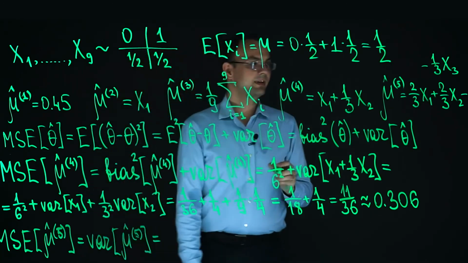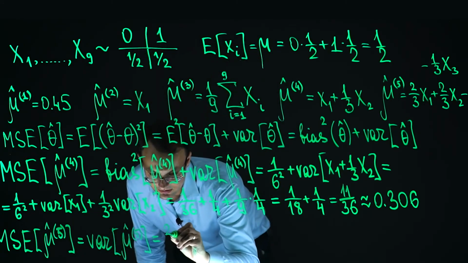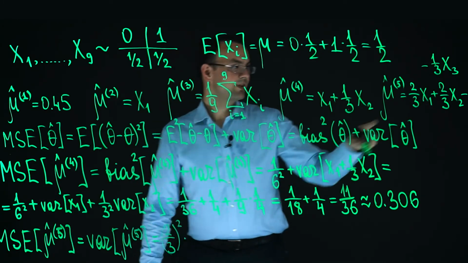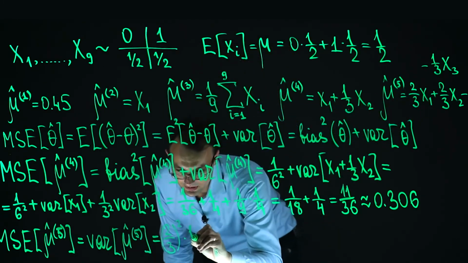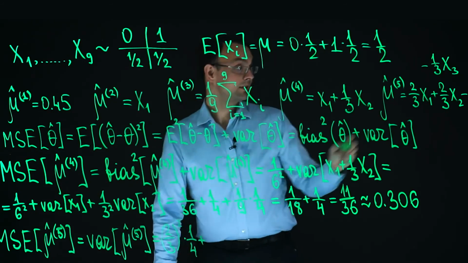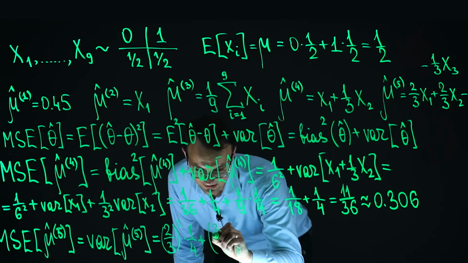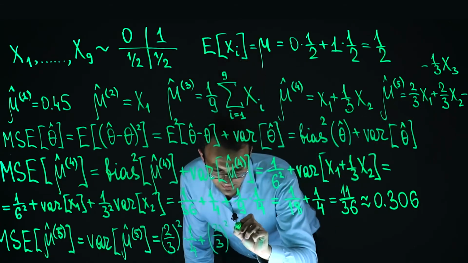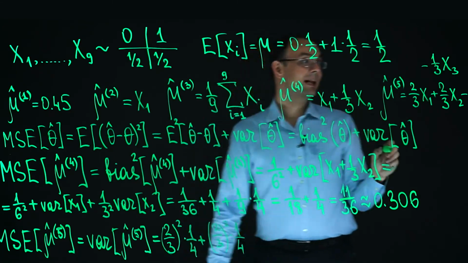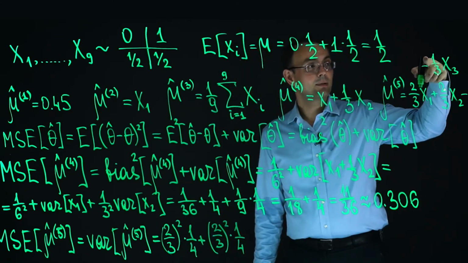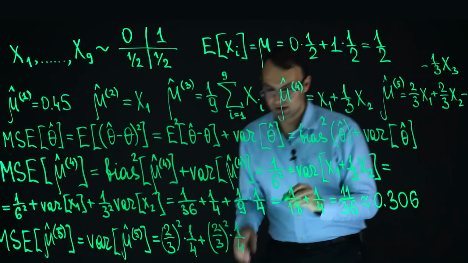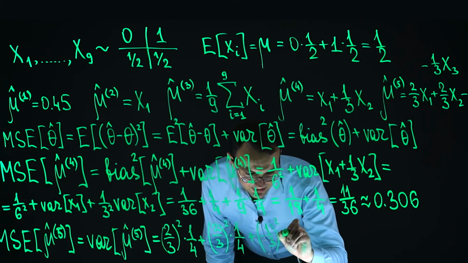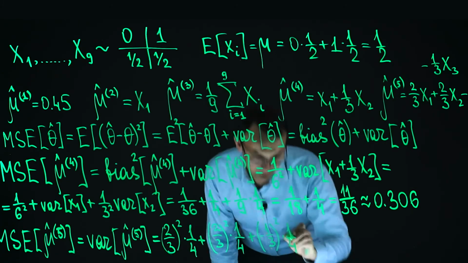The variance is 2/3 squared times the variance of x1, that is 1/4, plus 2/3 squared times the variance of x2, that is also 1/4, plus, not minus but plus, as minus 1/3 is squared, so minus 1/3 squared times 1/4.